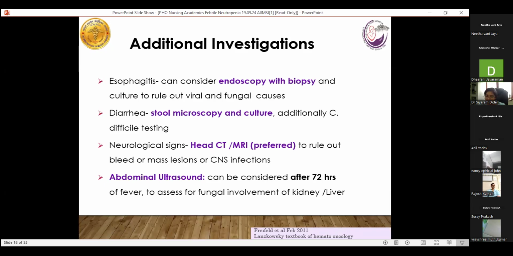When the child presents with neurological signs, then a head CT or MRI should be ordered, and MRI is the preferred investigation for seeing the neurological status. Then abdominal ultrasound is an additional investigation, but it can be considered if the child has persistent fever even after 72 hours, to assess fungal involvement of the kidney and liver.